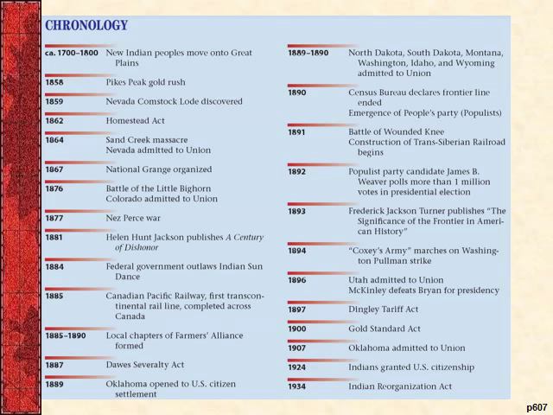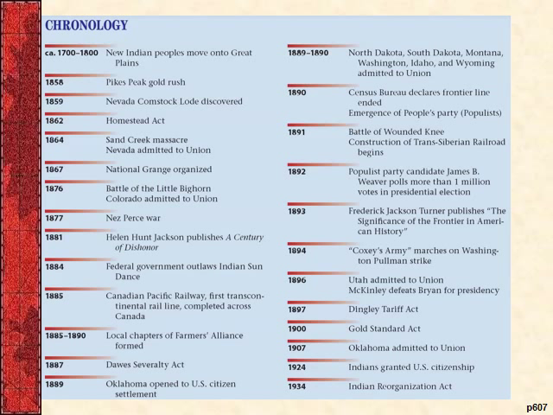Then the National Grange. This is one of the first farmers' grievance political organizations. You get the Battle of Little Bighorn, 1876. You get local chapters of the Farmers Alliance. Like I said, another one of these kind of farmer political parties forming. You get the Dawes Severalty Act in 1887.